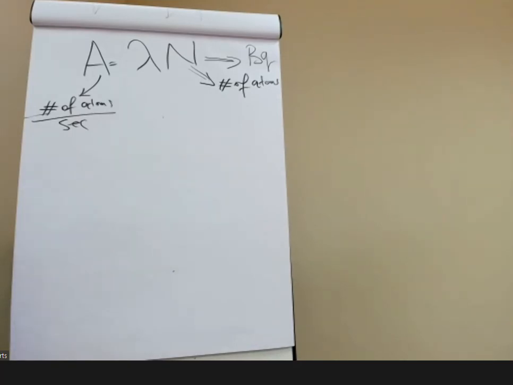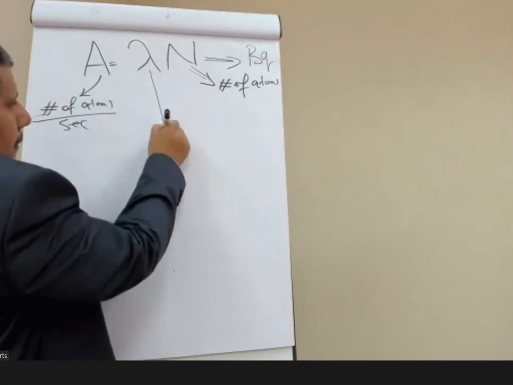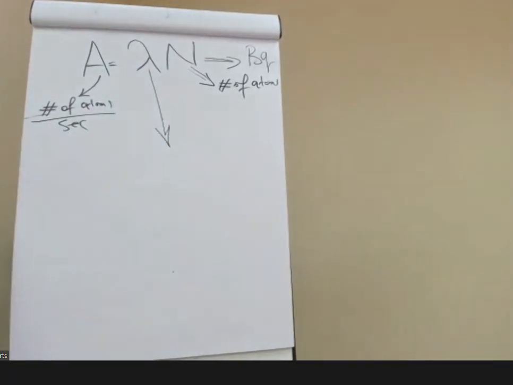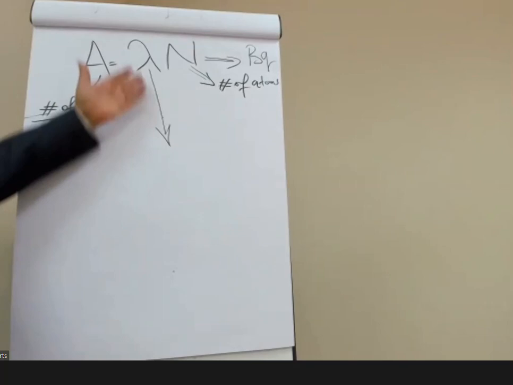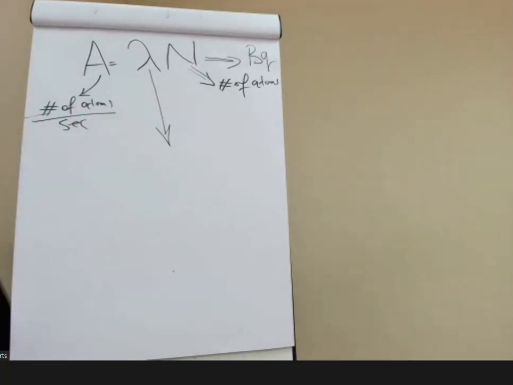The second thing, this lambda is the decay constant. I told you this was the proportional constant or mathematical constant, but because the process is decay, I say decay constant. It's a constant value. An exam must give you this value. Now, what is the physical meaning of this decay constant?